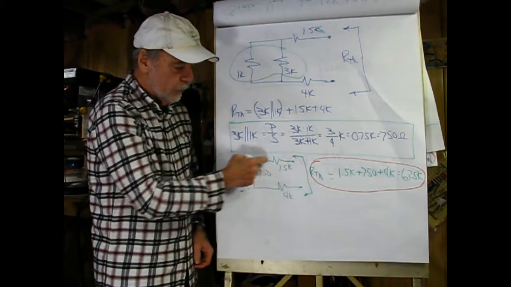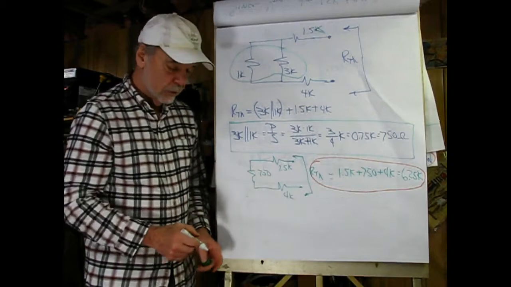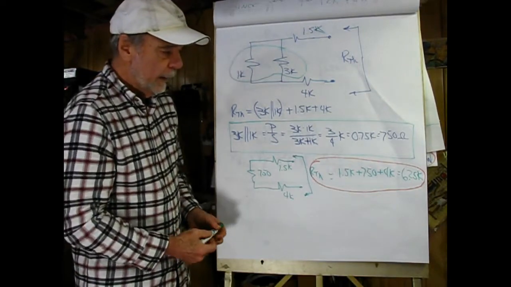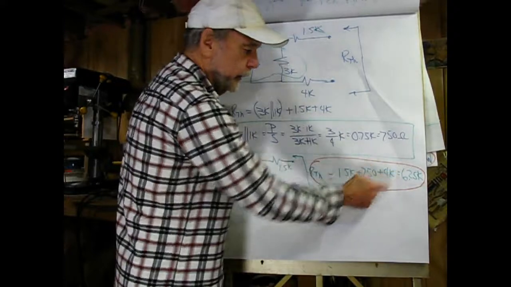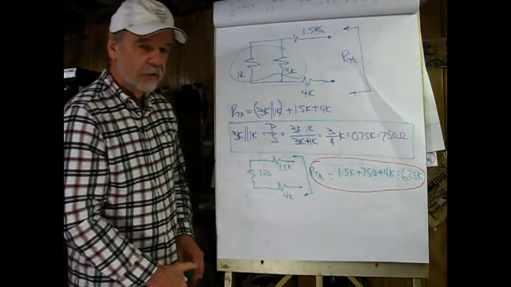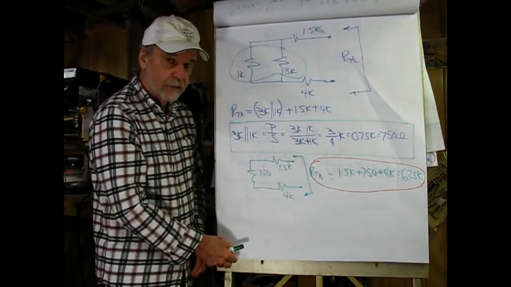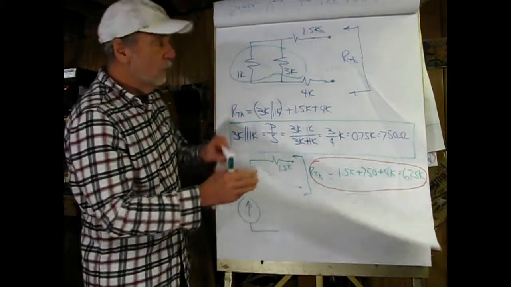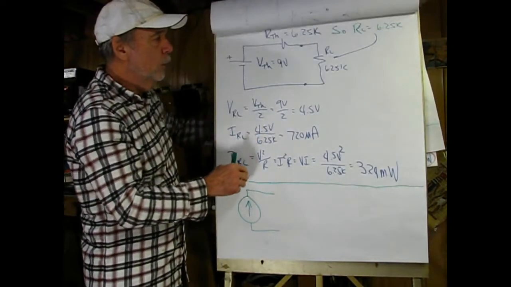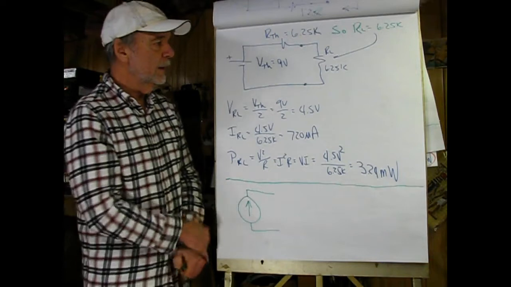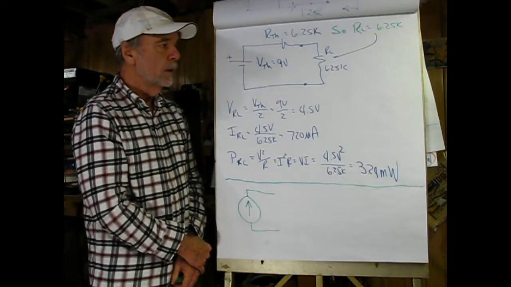RTH looking in here is a series combination of these three resistors, and if we add them together, we get an RTH value of 6.25K.